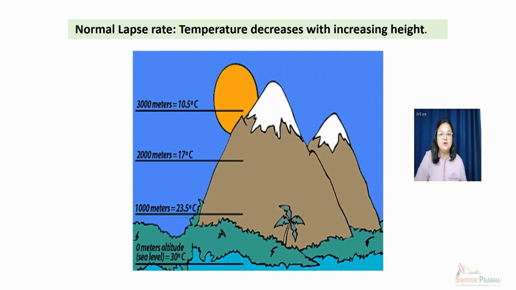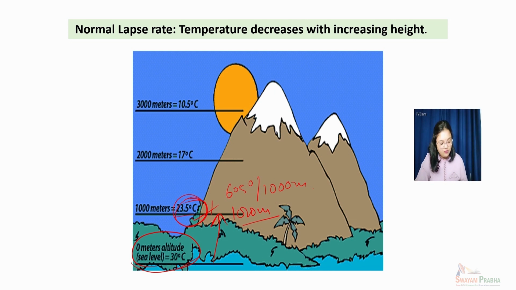So let's understand what normal lapse rate is with this brief illustration here. The normal lapse rate is the decrease of temperature with increasing height. As you can see here, the temperature here is 30 degrees Celsius, and as we know, the temperature decreases with increasing height. So as we move 1,000 meters up in the troposphere, the temperature decreases at the rate of 6.5 degrees Celsius per 1,000 meters and becomes 23.5 degrees Celsius.